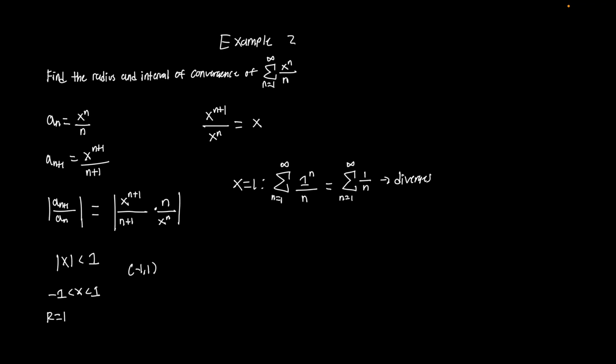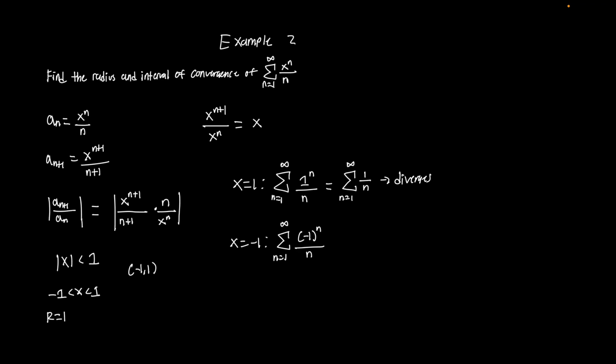Next we have x equals -1. So it would just be negative 1 to the n over n. So this is an alternating series, right? So you know in alternating series we take the absolute value.